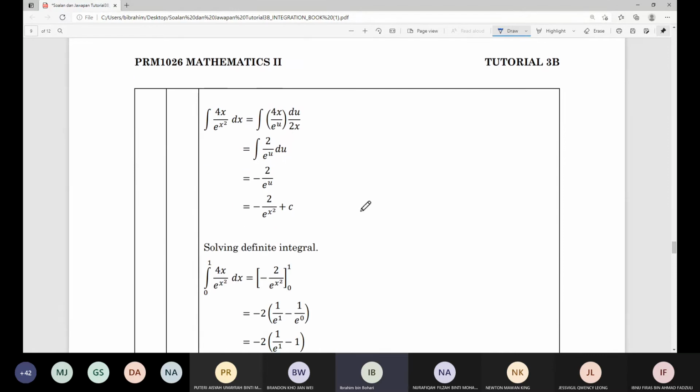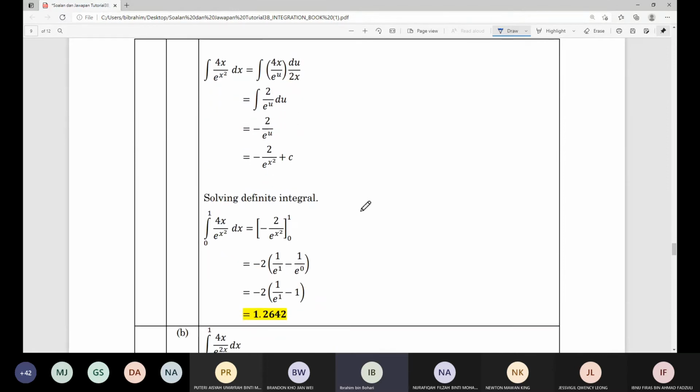Okay, and write down the integrand in terms of u. 4x over e to the power of u times du over 2x. So the integrand in terms of u is 2 over e to the power of u times du.